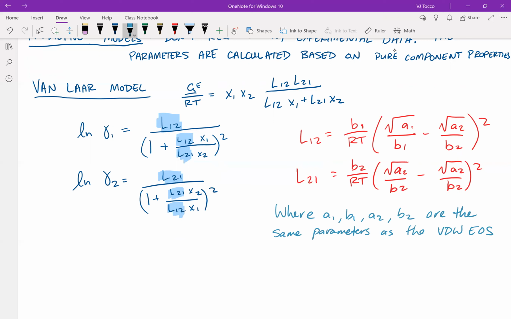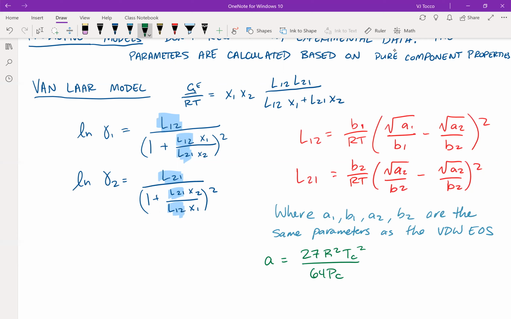I can't remember if I went over this. This should have been a topic that was introduced in your Thermo 1 class, but you can obtain the values for the parameters A and B by using the critical temperature and the critical pressure. So the parameter A for any component is 27 R squared Tc squared divided by 64 Pc.